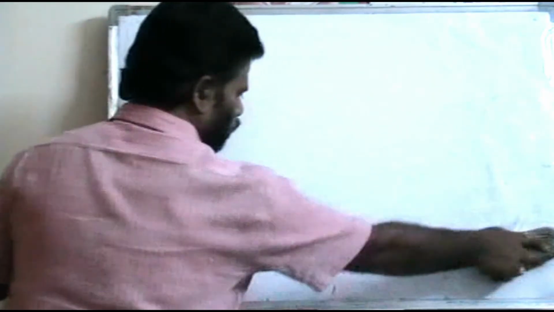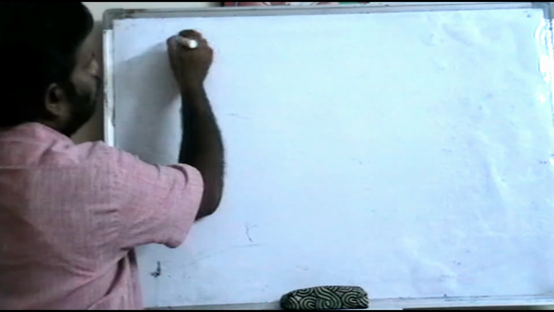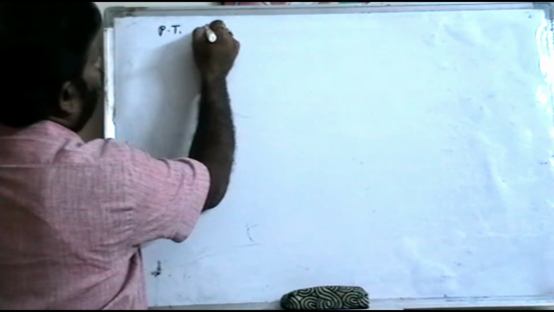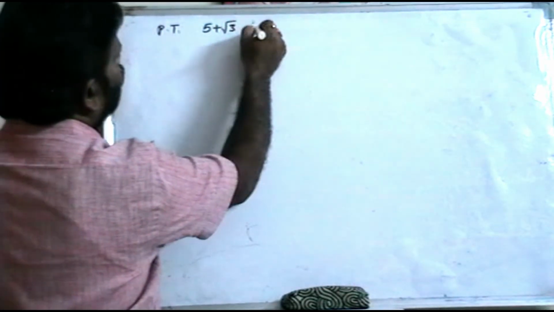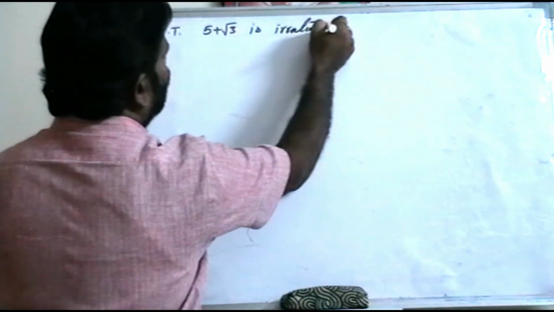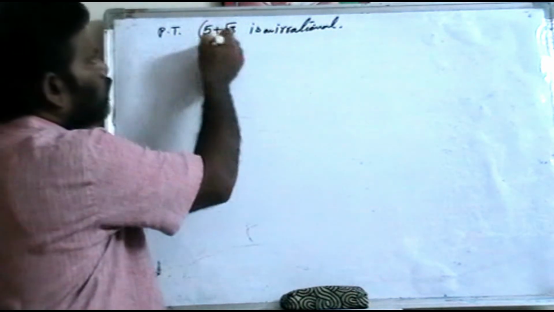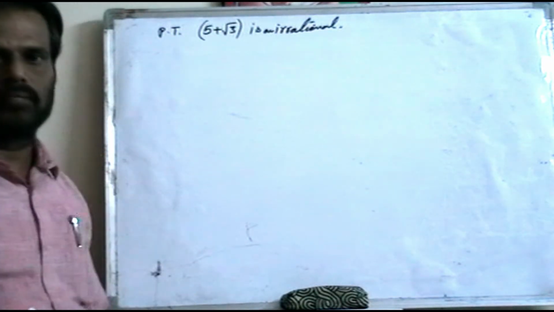Now one more example. Prove that 5 plus root 3 is an irrational number.